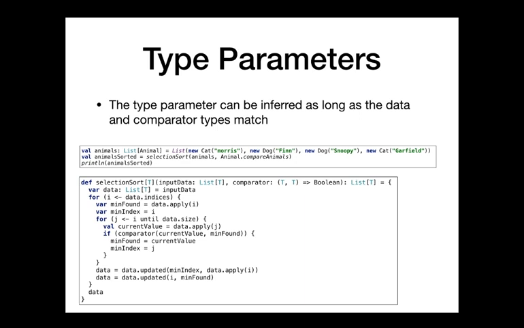If this is a list of int and I'm using a comparator of doubles, there are cases where there would be implicit type conversion. I don't think that would be one of them. I think you'd have to explicitly convert your list over in that situation. You'd have to create a list of doubles, copy in all your values, and then use that in the method call. I don't think that one would do it for you. You'd have a little extra work to do there.